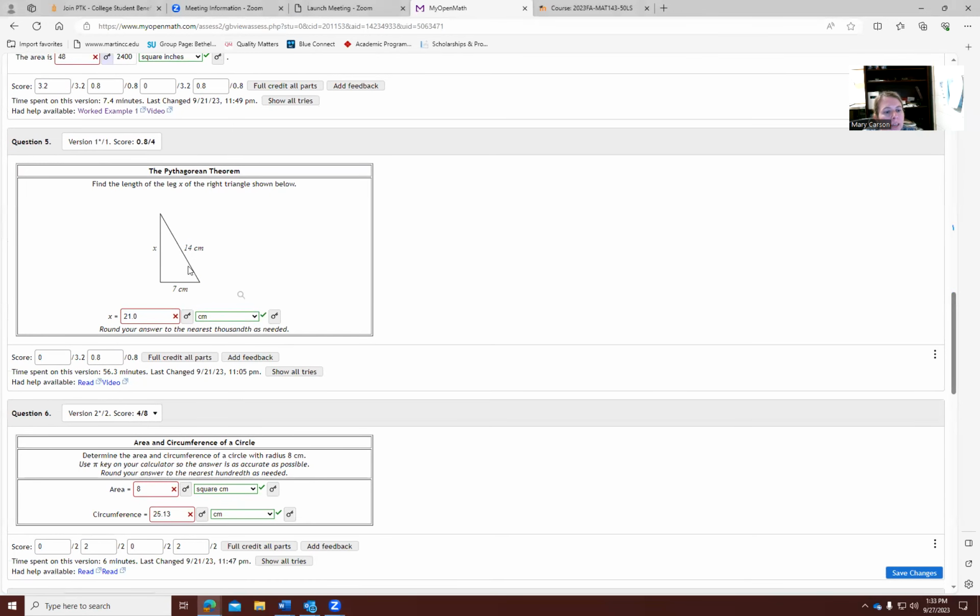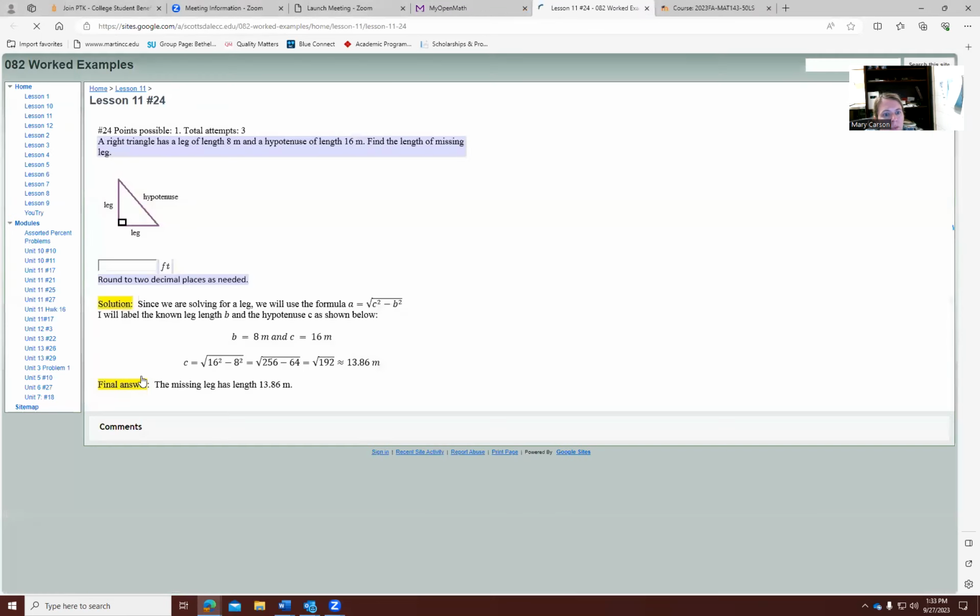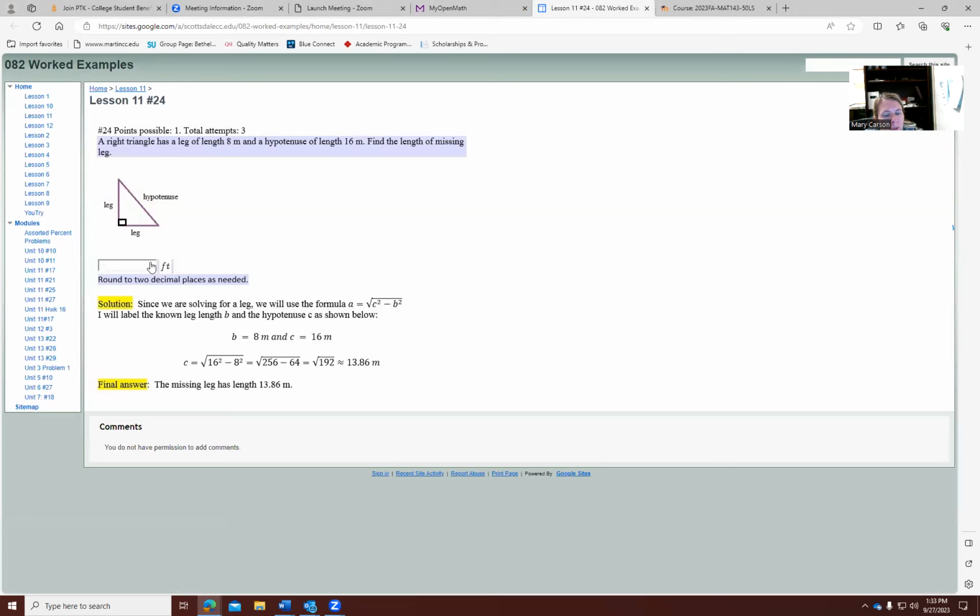Pythagorean theorem. If you had watched the video on that one, it would have shown you the Pythagorean theorem. And this also gives you the formula to find the missing side. You would do the square root of your hypotenuse squared minus your other leg squared.